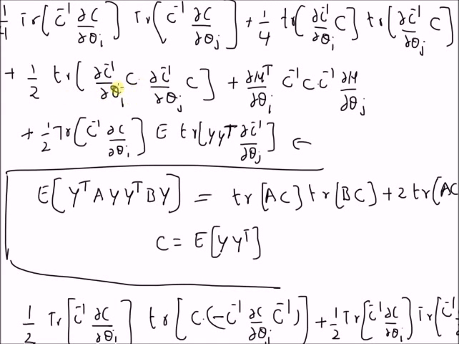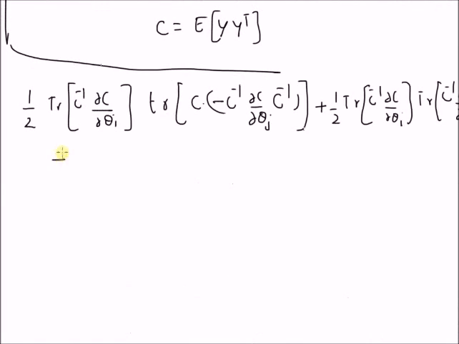And the remaining two terms are basically the product of the derivative of the mean vector mu with C inverse, and since these two cancel each other, the last term is derivative of mu with respect to theta j. So that is the next, plus derivative of mu transpose with respect to theta I C inverse derivative of mu with respect to theta j.